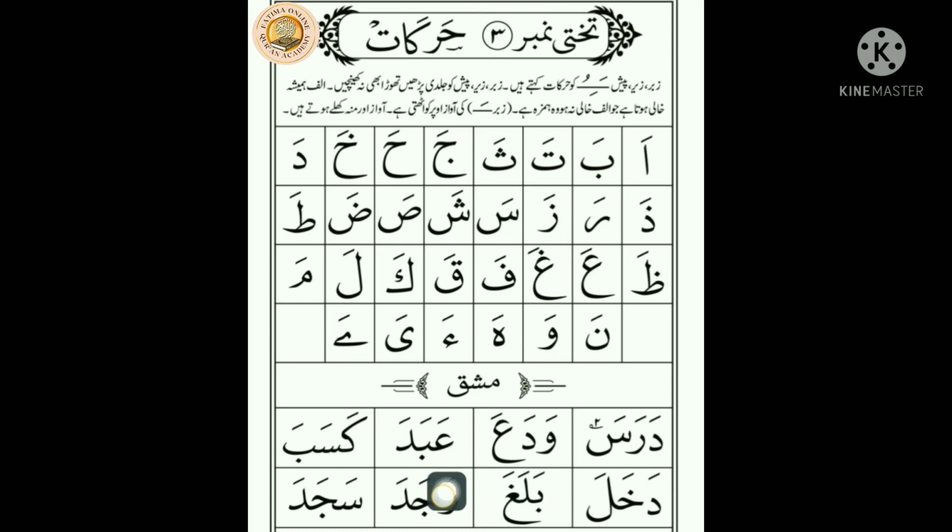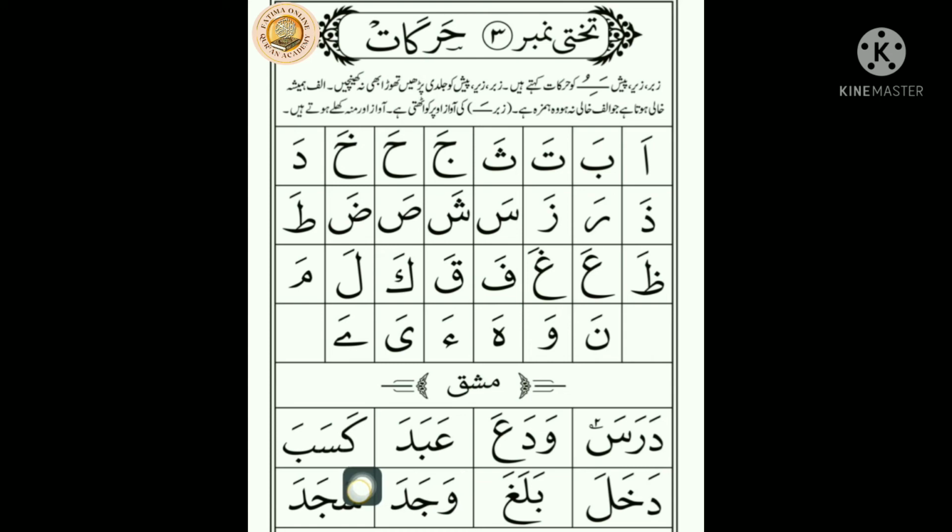Ain zabar a, ba zabar ba, aba, dal zabar da, abada.